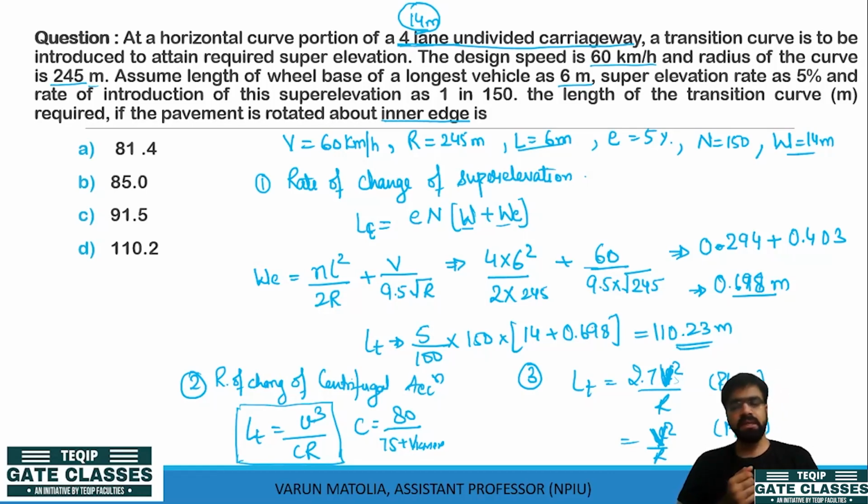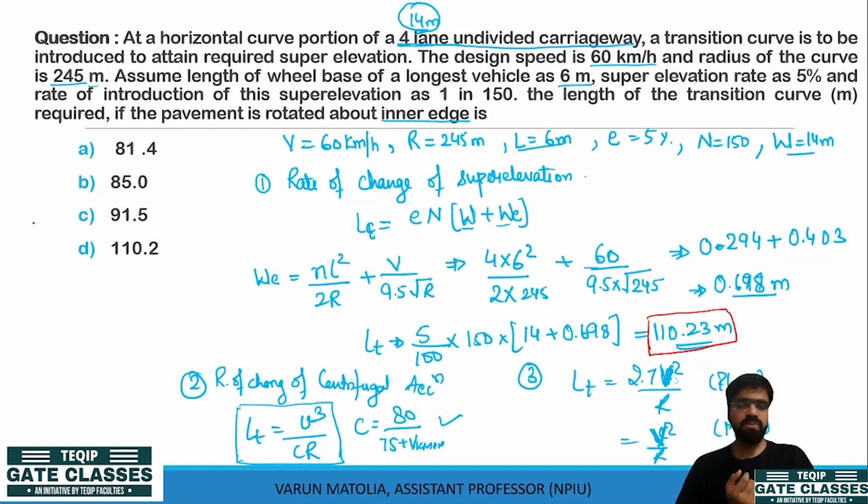If we calculate the length of transition curve by the other two formulas, there is a possibility that they will not exceed the value of length of curve obtained here, because if they exceed, there is no option which we can take.